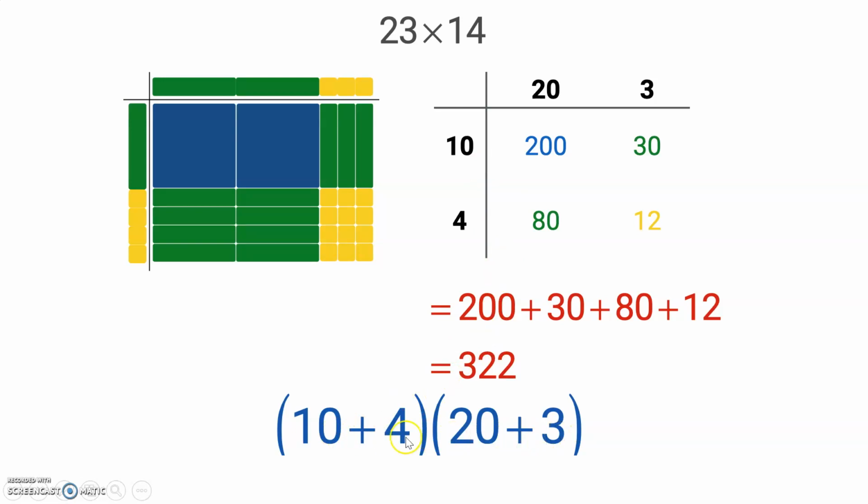So that's where this is coming from. It's just another way of writing out the multiplication. But it relates to this idea of multiplying out a pair of brackets, because that's what we've got here. I am using brackets to contain the 10 add 4 for the 14, and I'm using a pair of brackets to include the 23, the 20 add 3.